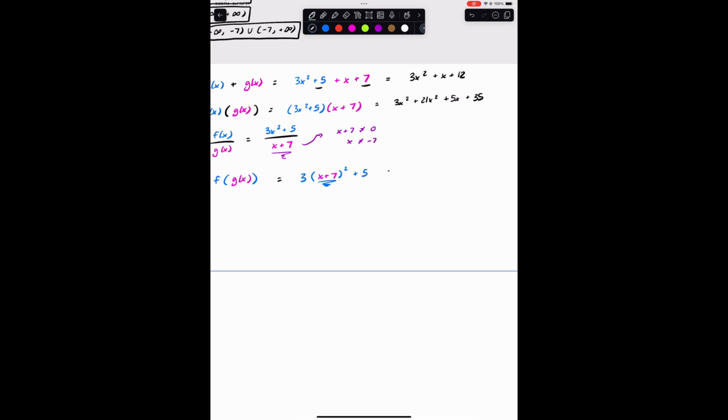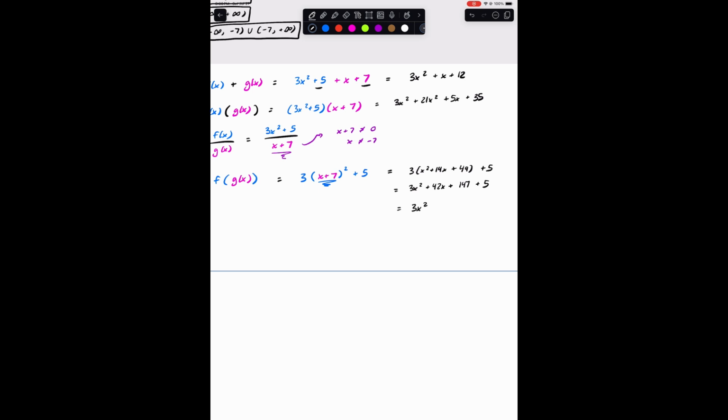From here, we can FOIL. So 3 times x squared plus 14x plus 49. This is using the a plus b squared rule, right? And we will add 5. Distribute the 3. Get 3x squared plus 42x plus 147, and then plus 5.